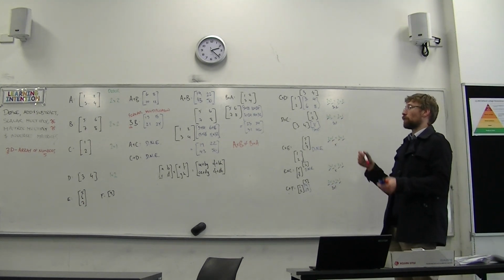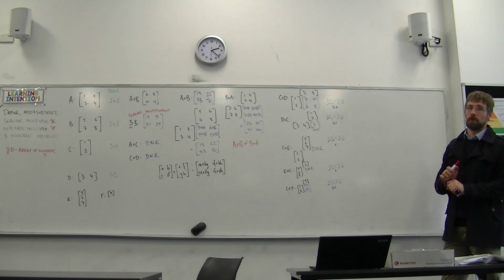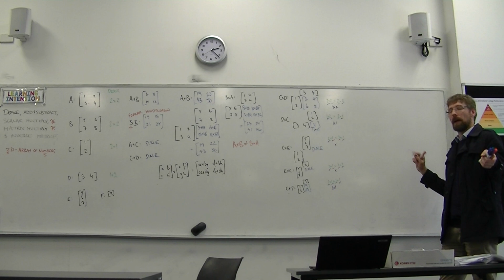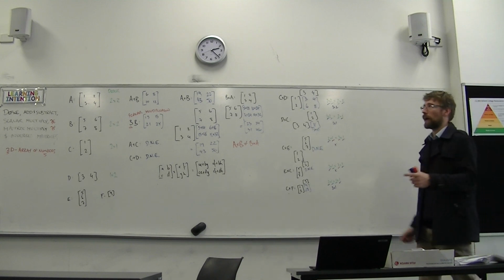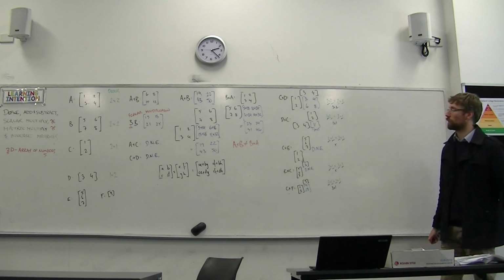That's matrix addition. What would it be if it was 3 times a plus b, or 3 times, in brackets, a times b? It's the scalar 3 times the matrix multiplication a times b. Or alternatively, you can do 3a times b, but that's getting unnecessarily fiddly at this point.